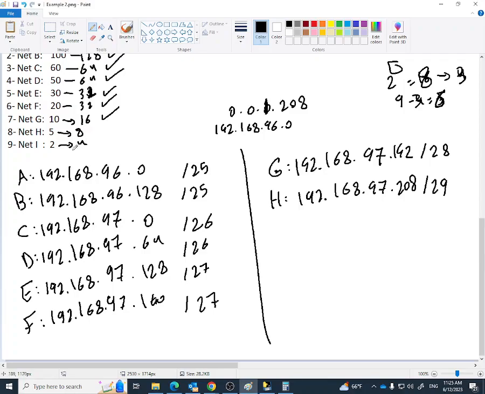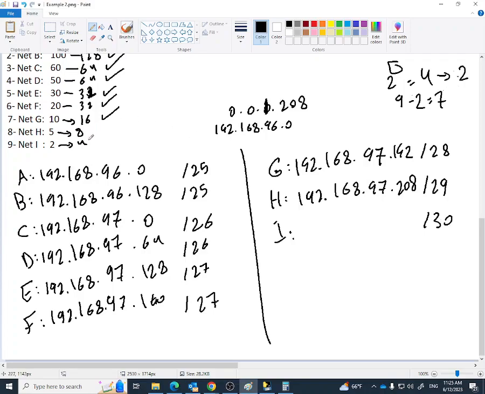The last part is the network I. Now, to be able to get 4, this time this is going to be 2. You need 2. And remember here, 2 to the power of something should equal 4, and that simply means 2, and then 9 minus 2 is simply 7. 7 plus 23, that is 30, and I'm done with the prefix.